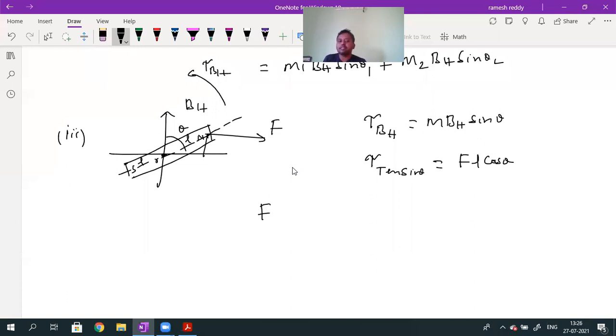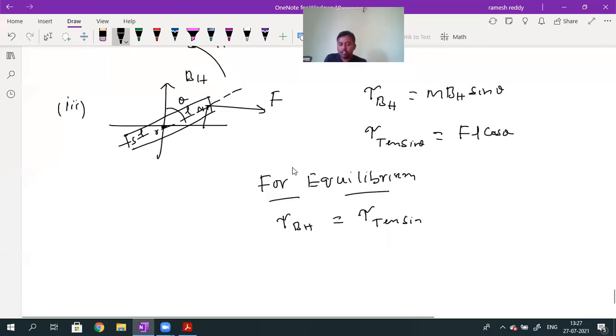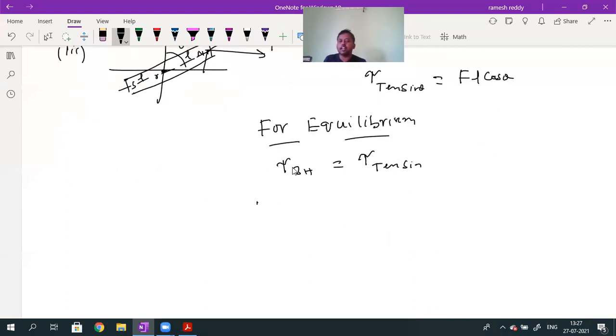For the system to be in equilibrium, meaning the bar magnet will not rotate, what is the condition? The torque due to the horizontal component will be balanced by the torque due to the tension in the string. The torque due to the horizontal component is M into BH into sin theta, and the torque due to the tension is F into L cos theta.